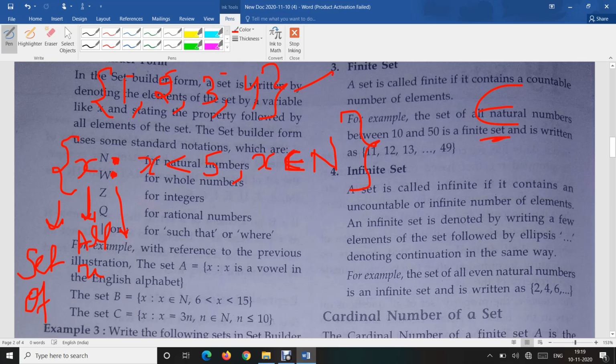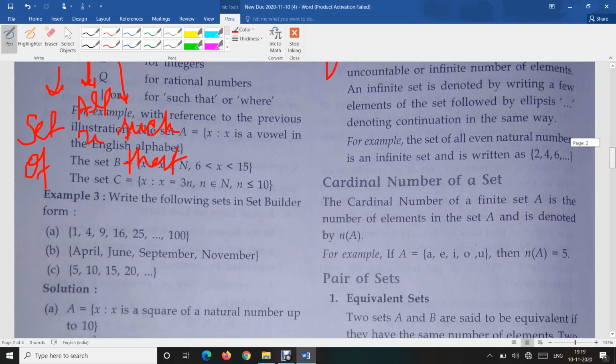These two dots are called such that. This is x is less than 5 and this x belongs to natural numbers. Please understand this is the sign of belongs to. This is the set builder form.